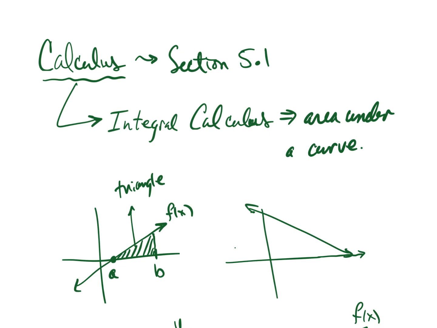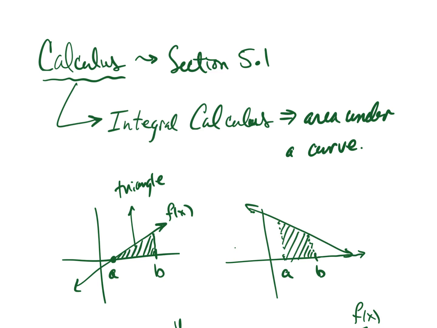On my second picture, if I asked you to find the area between two values under a straight line, we'd be able to accomplish that too. The shape is a little more complicated this time, a trapezoid, but from geometry class we have a formula that gives us that exact area.